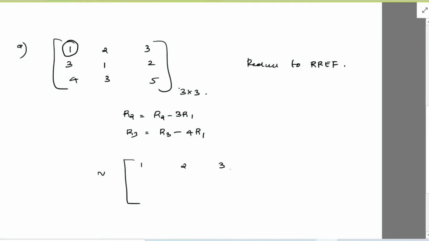The second row changes to 0, minus 5, 2 minus 9, that is minus 7. The third row will be 0, 3 minus 8, that is minus 5, and the next element 5 minus 12, that is minus 7.